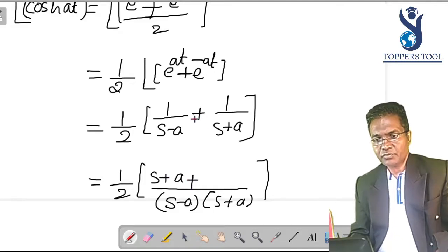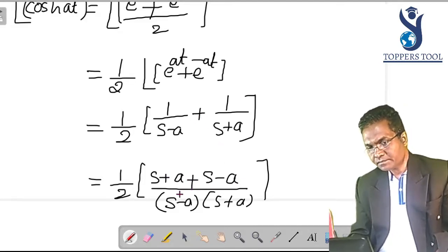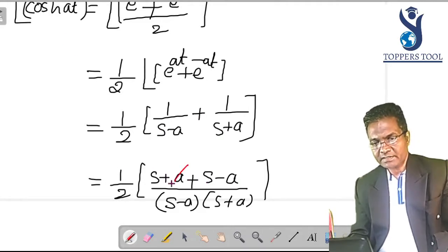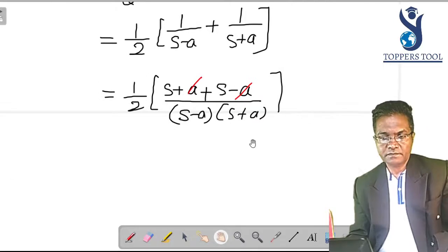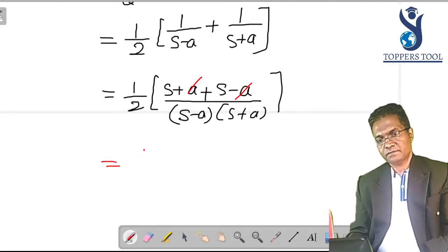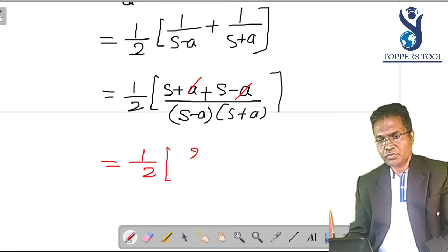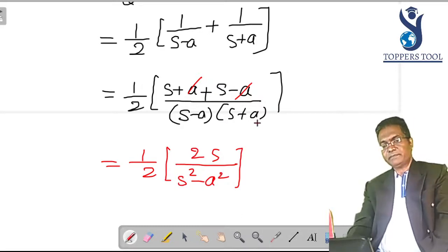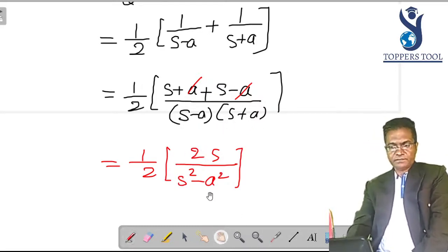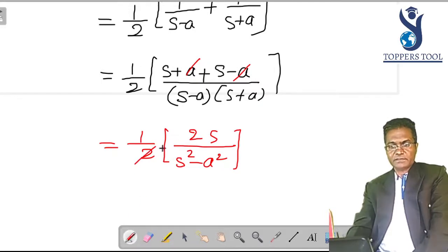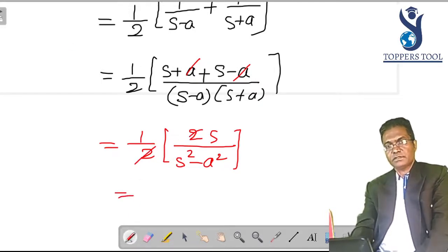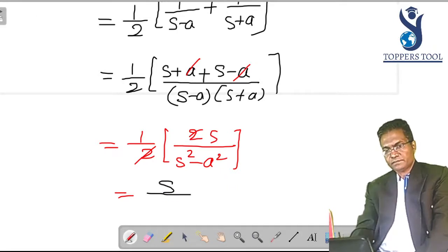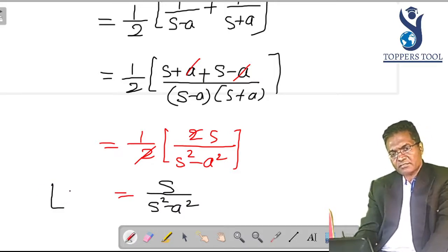And here it's plus, so this remains as it is, s minus a. Now here a cancels. What remains is 1 by 2 into 2s by, okay, this is of the form a plus b, a minus b, a square minus b square as earlier. Okay, 2 cancels. So you're left with s by s square minus a square. This is the Laplace transform of cos hyperbolic at.